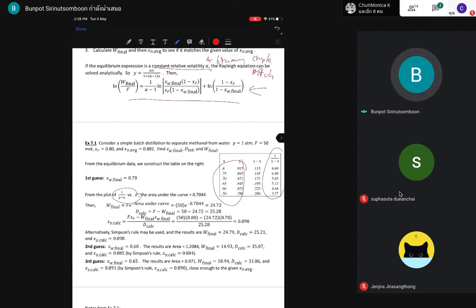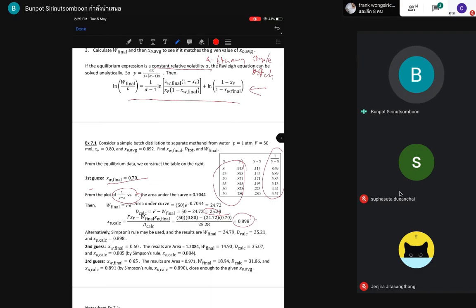Then find the area under the curve, and use the equations we talked about before to solve for D and XD.